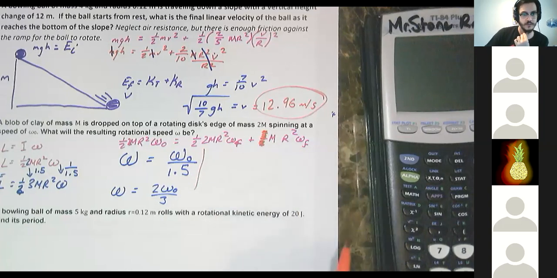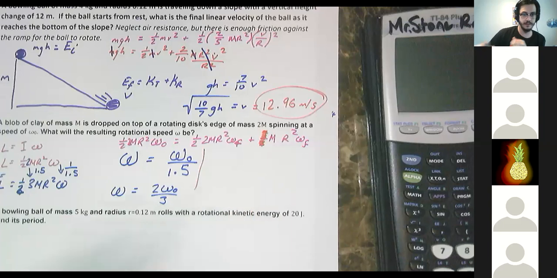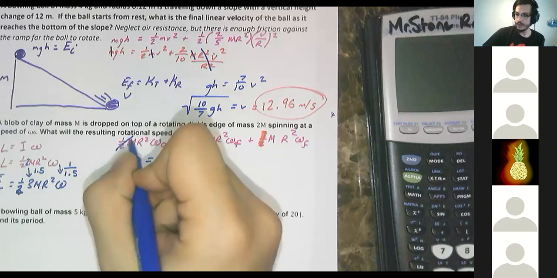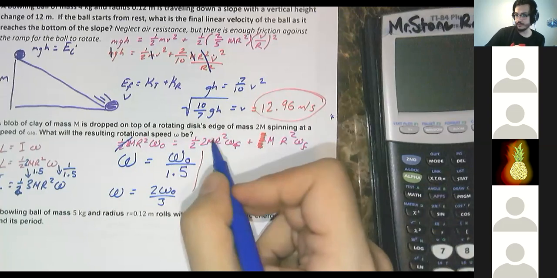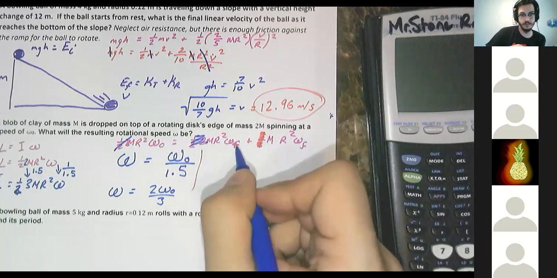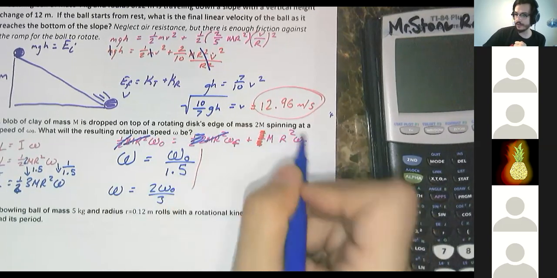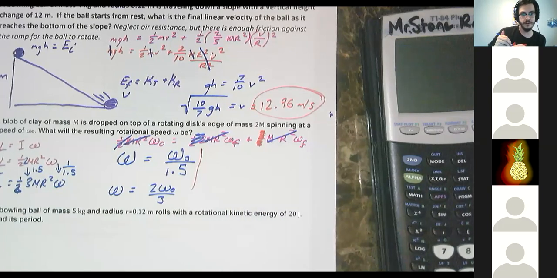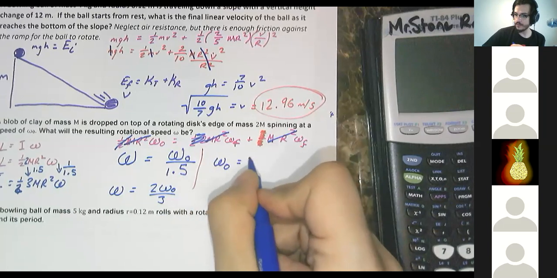If we assume that it maintains its integrity and it can be treated as a point mass 1 radius away, then here would be our new equation. Now this is going to be kind of different. mr squared omega naught equals mr squared omega final mr squared, in which case mr squared is everywhere, and we would get this.